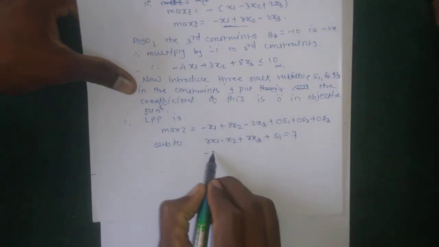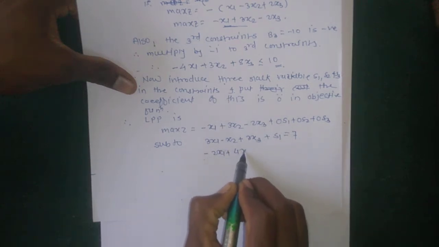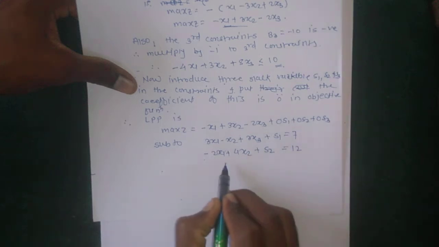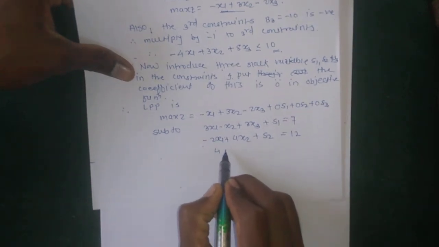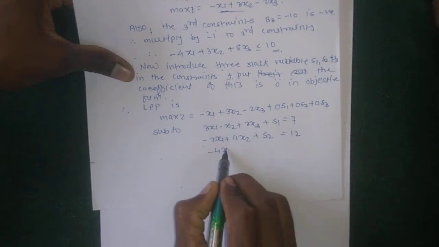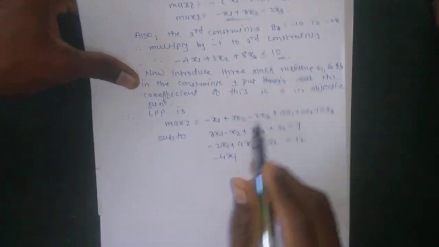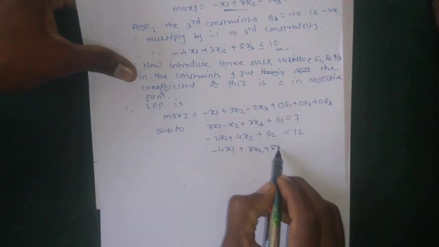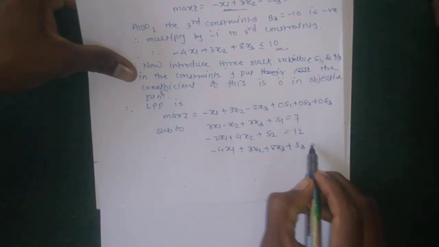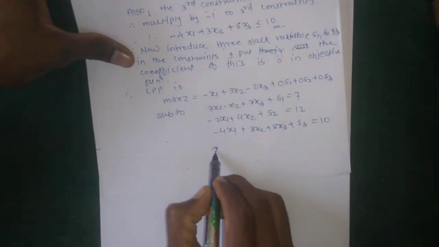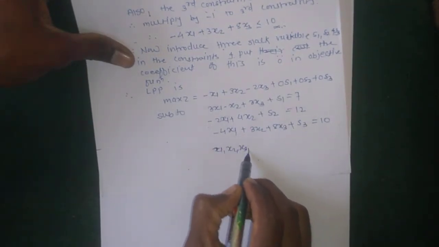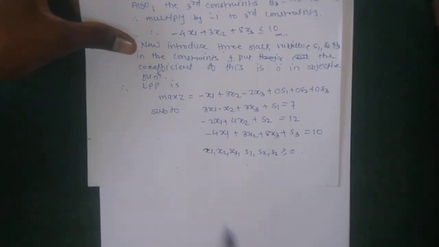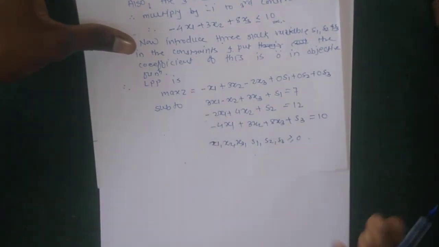Then the second constraint is minus 2x1 plus 4x2 plus s2 is equal to 12, and the next is minus 4x1 plus 3x2 plus 8x3 plus s3 is equal to 10, and all x1, x2, x3, s1, s2, s3 are greater equal 0. This is our standard form of LPP.